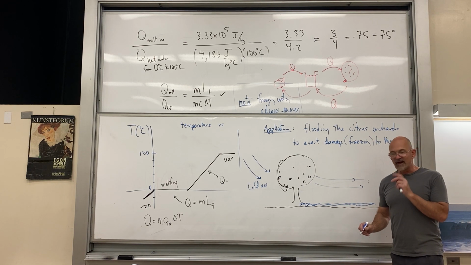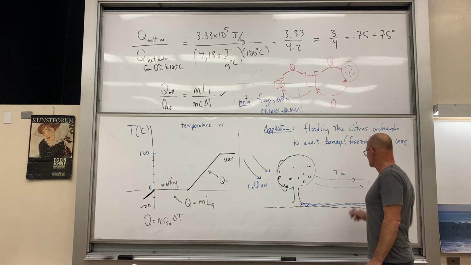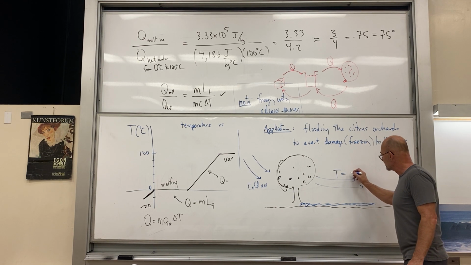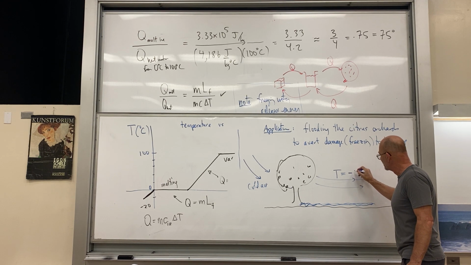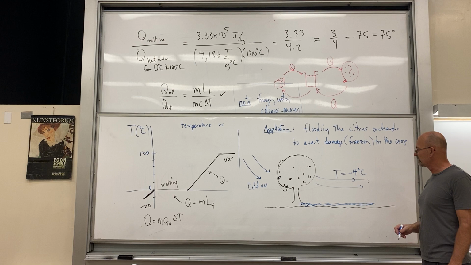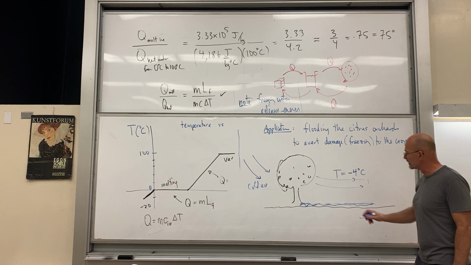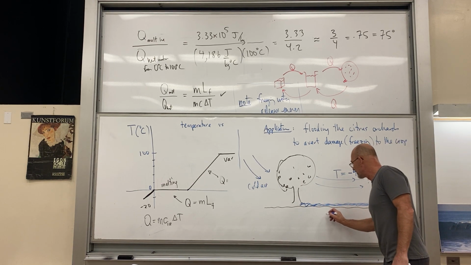And let's give it some temperatures now. So T is equal to, say, let's have a hard freeze coming through, -4 degrees Celsius. Pretty cold, maybe enough to freeze a crop. I'm just making up numbers, okay? How cold is the water?